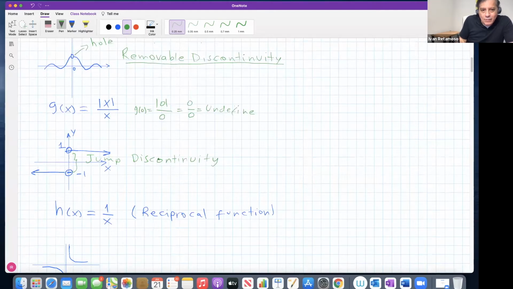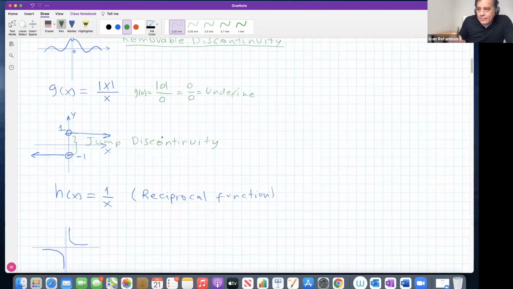And this cannot be fixed, unfortunately. If you think of padding the whole segment with points, you get to connect them, but the problem is that this is no longer a function because it will not pass the vertical line test. So this is unfixable. It's called a jump discontinuity, okay?